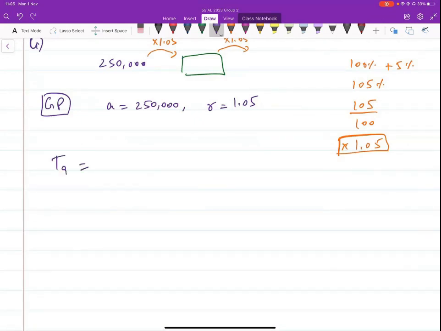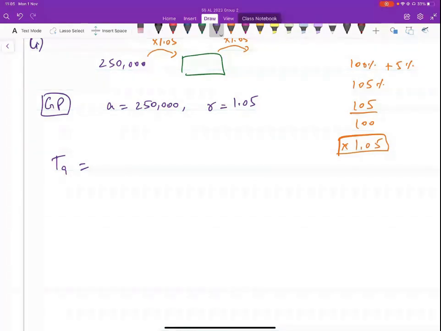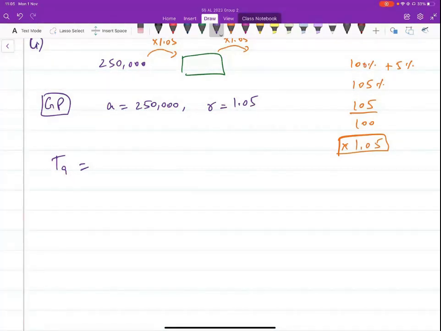It's a geometric progression. What is the formula for the nth term of a GP? AR raised to power n minus 1. We just use that. We say we've got Tn equals AR raised to power n minus 1. We input values there, and it becomes 250,000 multiplied by the ratio. Ratio is 1.05 raised to power n minus 1, which is 9 minus 1, and you get your result from that.